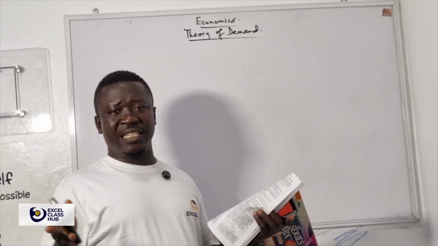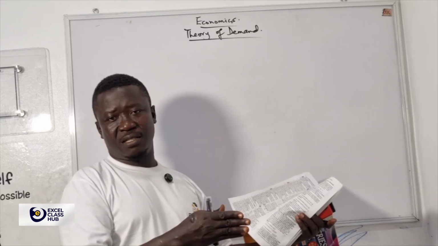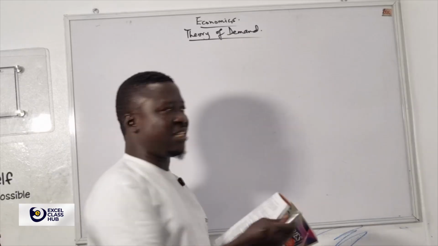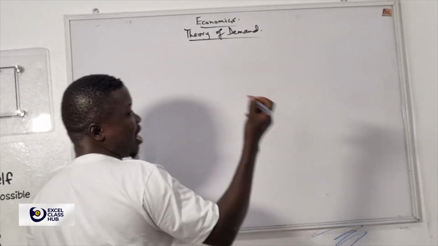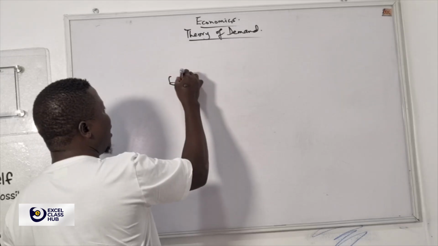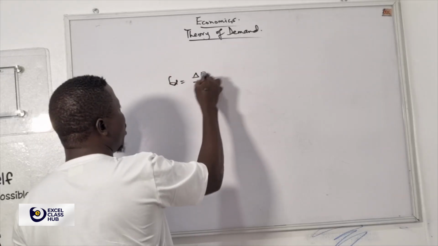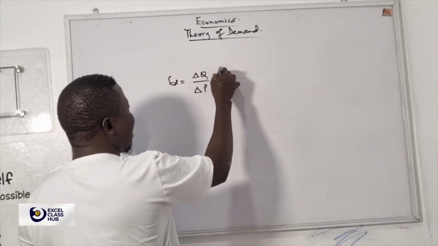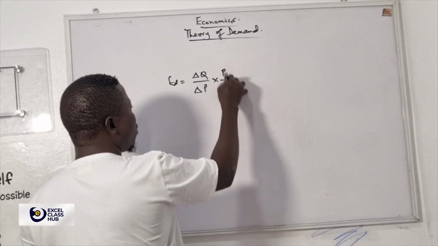The difference is just that when you have the price, it is income you put there. Our final formula for price elasticity of demand is change in Q over change in P times price over quantity.